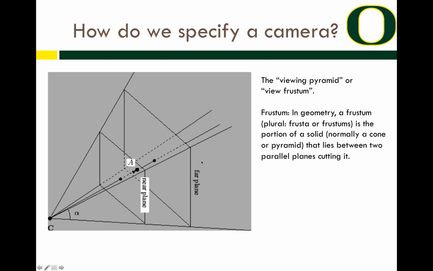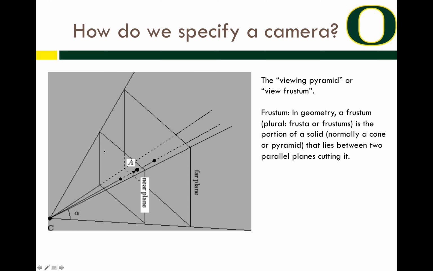If you take a solid, like a cone, or in this case a pyramid, and you truncate it, cutting off the tip of the pyramid so only the base remains, that's called a frustum. You'll often hear this visible region referred to as the view frustum, and I will use that term today and throughout the rest of the course.